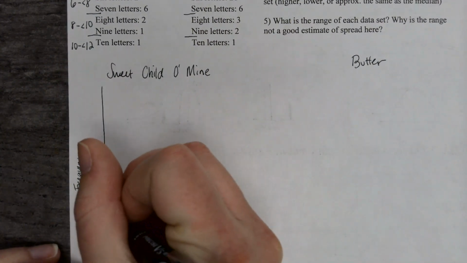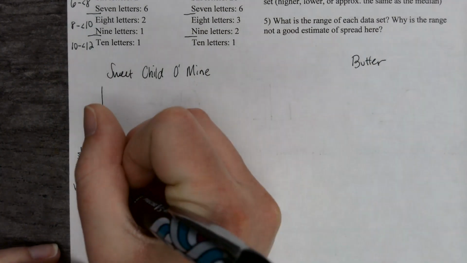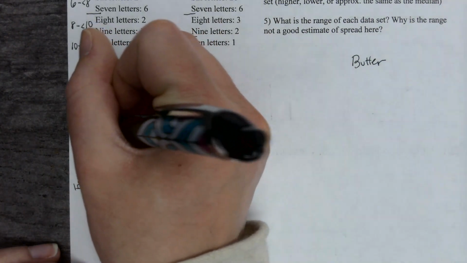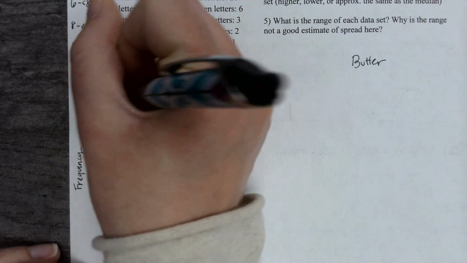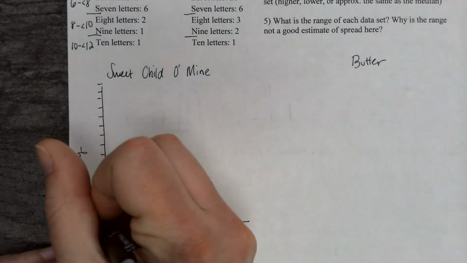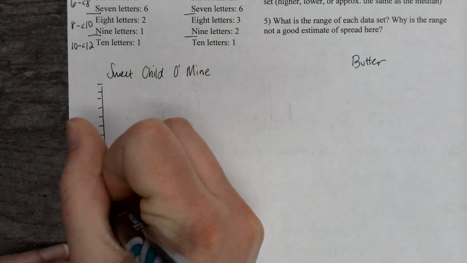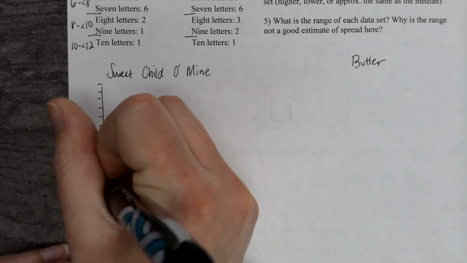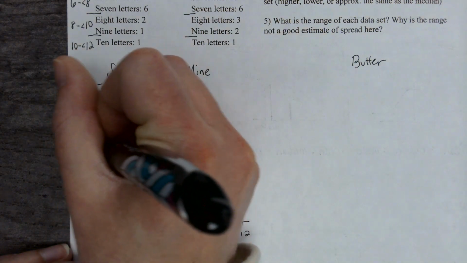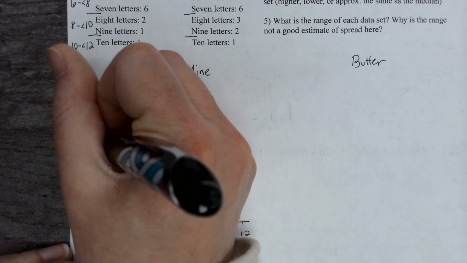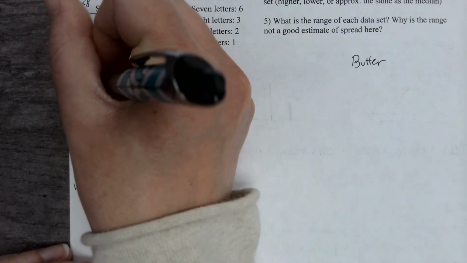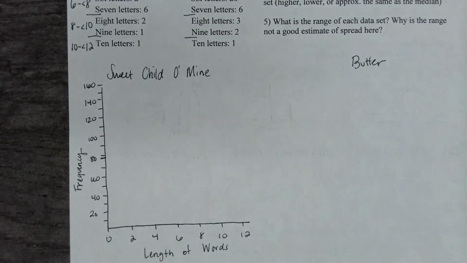I'm just going to label every other one, so I've got 20, 40, 60, 80, 100, 120, 140, 160. That way it's not as cluttered.